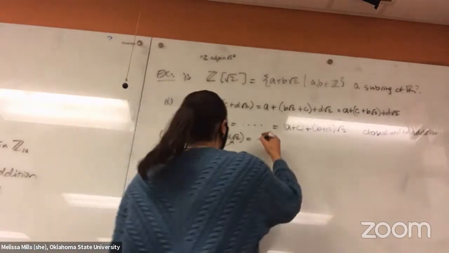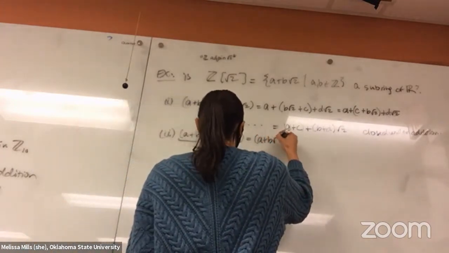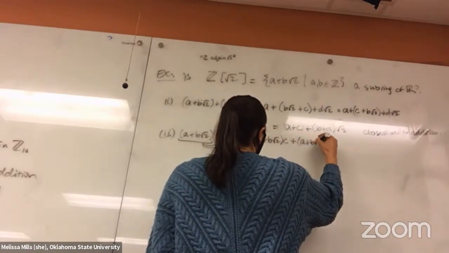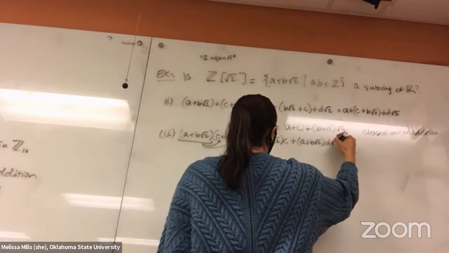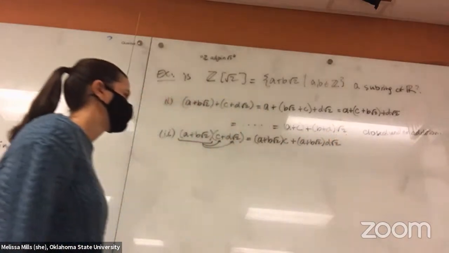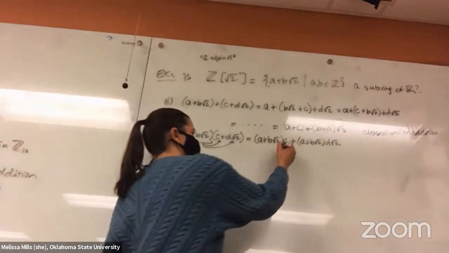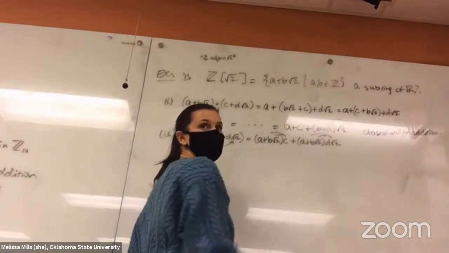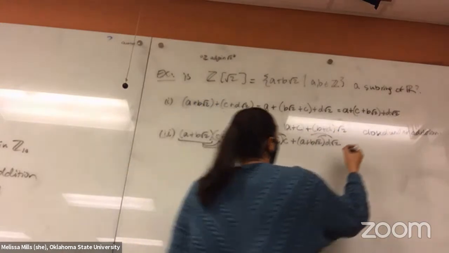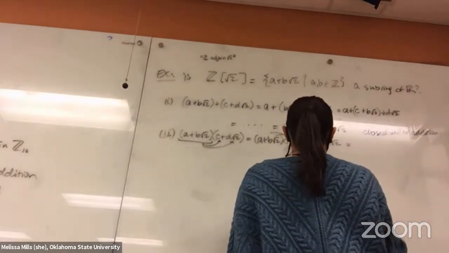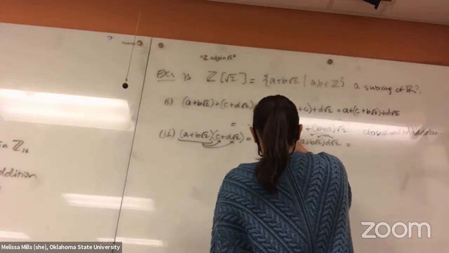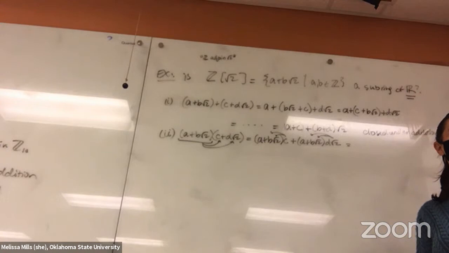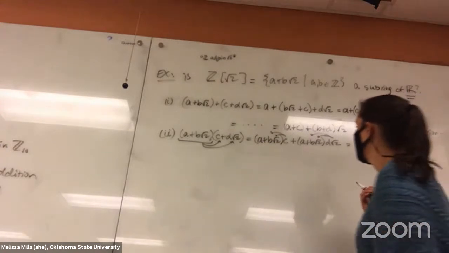So I get A plus B square root of 2 times C plus A plus B square root of 2 times D square root of 2. And the distributive property we're using is because we are a subset of R, and R has those properties. So that's why we're able to do this.